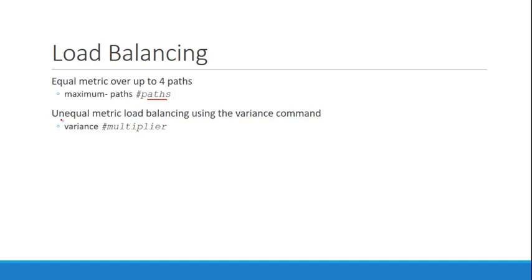I'll explain it for a second, but then we'll go back. So what variance says is, as long as you're within this range, you can be put into the routing table. Let's say, and I'm going to use really simplistic numbers here, because when we actually look at our tables, they'll be very large numbers, that our feasible distance is 100, and we set our variance to be 3.